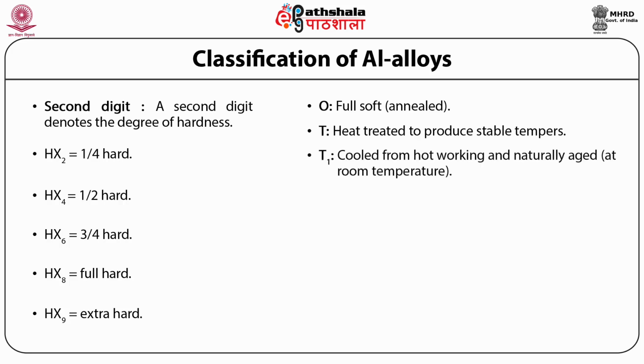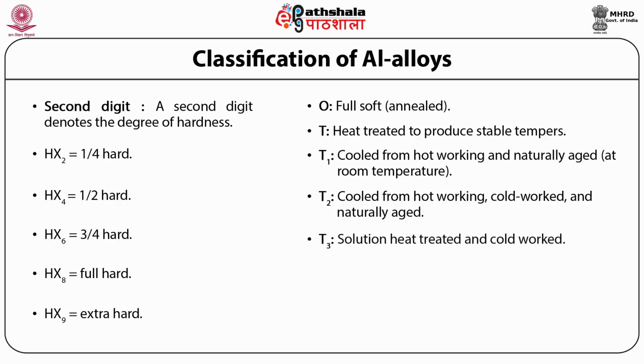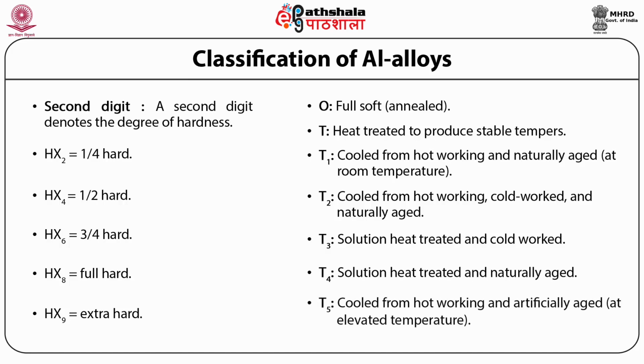T1 is cooled from hot working and naturally aged at room temperature, T2 is cooled from hot working, cold worked and naturally aged, T3 is solution heat treated and cold worked, T4 is solution heat treated and naturally aged, T5 is cooled from hot working and artificially aged, that is, at elevated temperature.